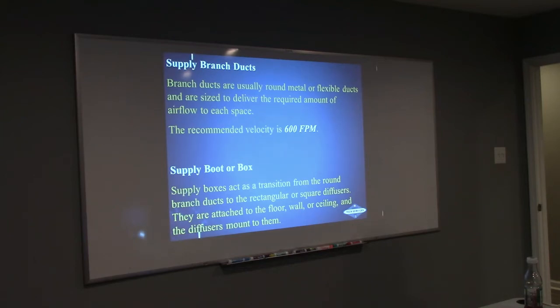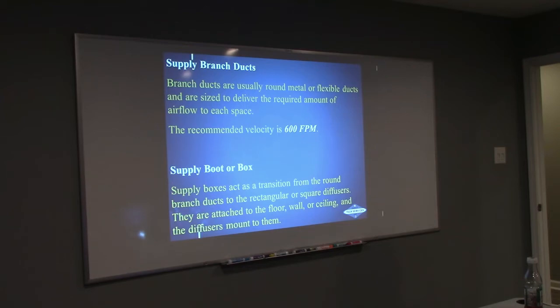What just happened to the speed of that air when I went from a 7-inch duct to a 10 by 10 box? I made the area bigger. What happened to the speed when I made it bigger? So now I can get 500 feet per minute out of that grill. Does that make sense? Good.